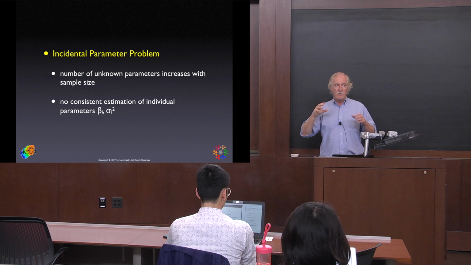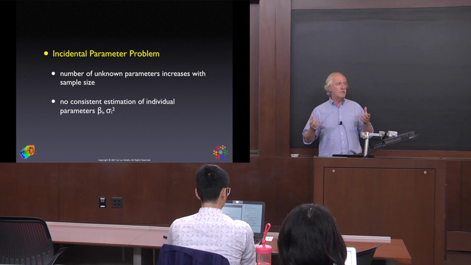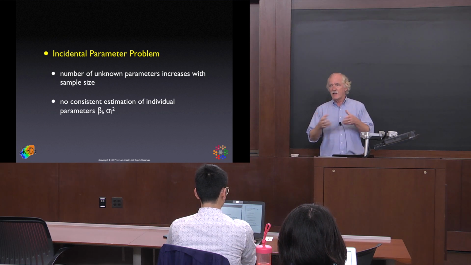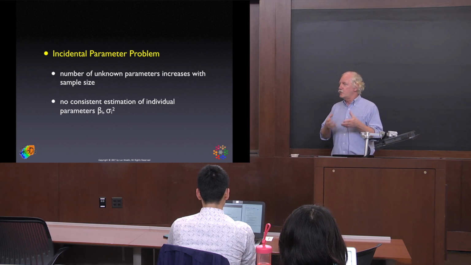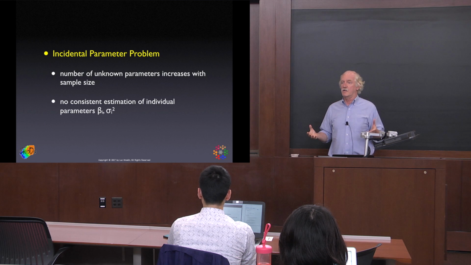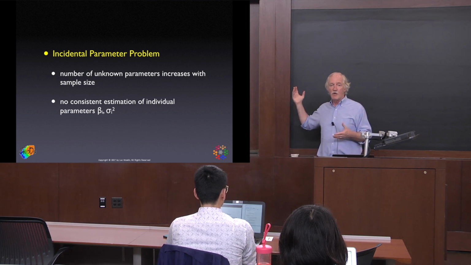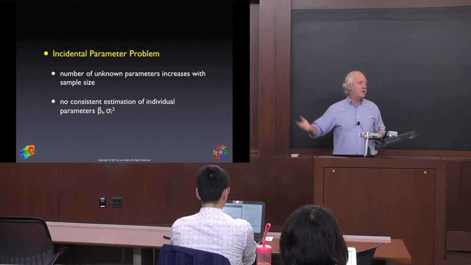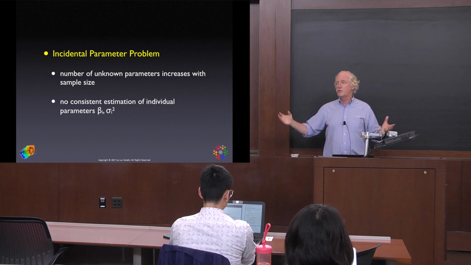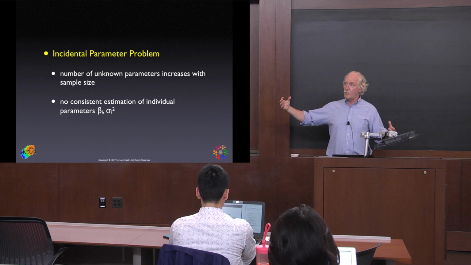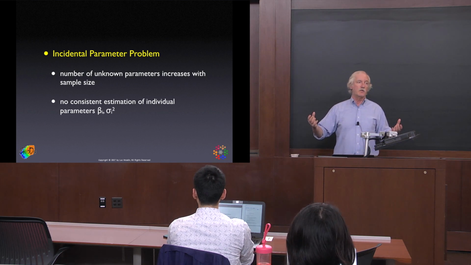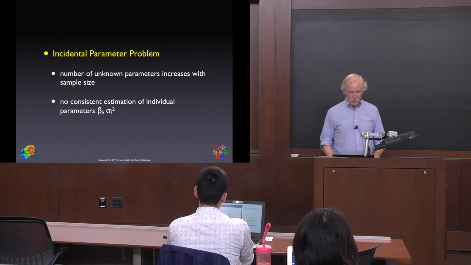Oftentimes the first time you see this, because it looks like you estimate individual variance terms, you think that you do, but in fact you don't, because you can't. If you have a new value for each observation, then our usual trick, which is asymptotics, going to the limit and learning from larger and larger data sets, doesn't work because we always have more and more parameters.